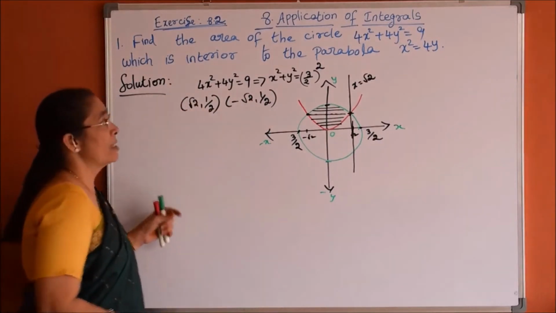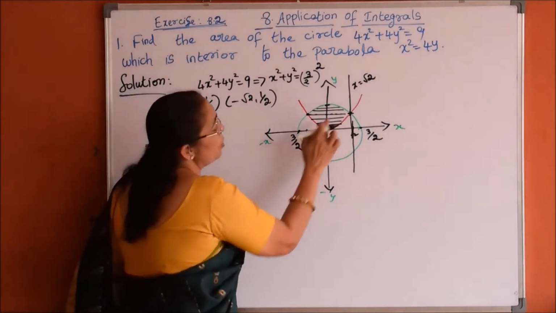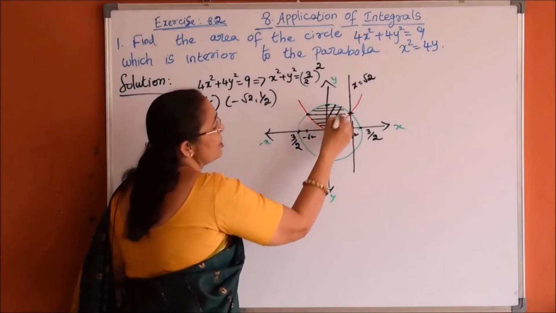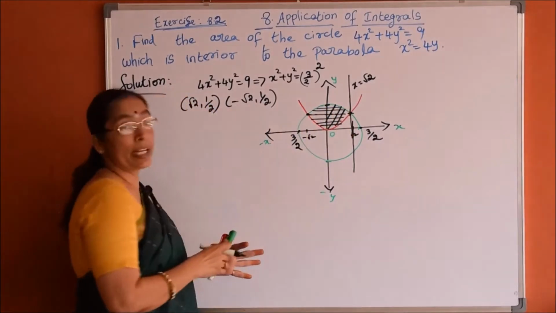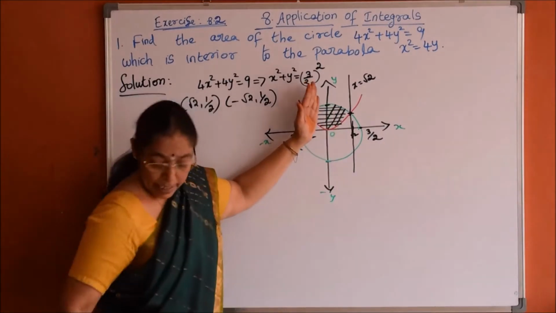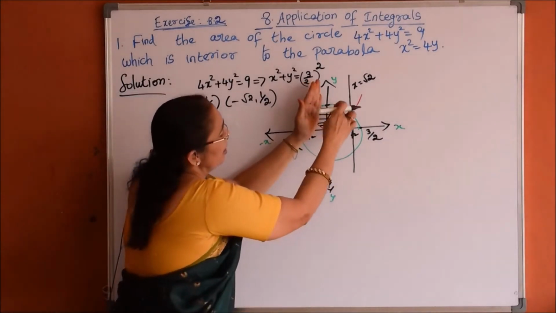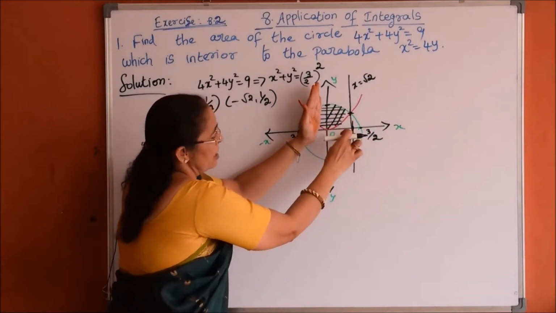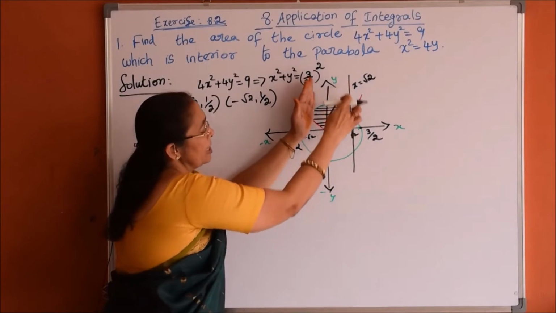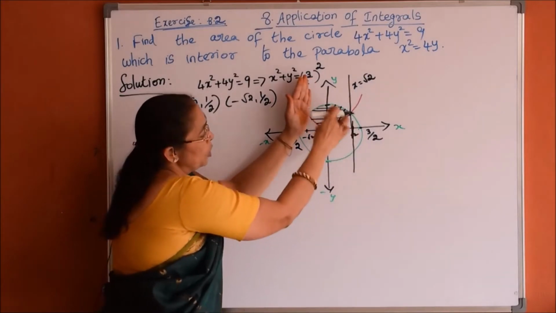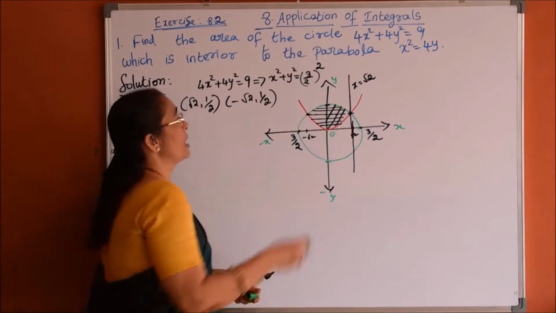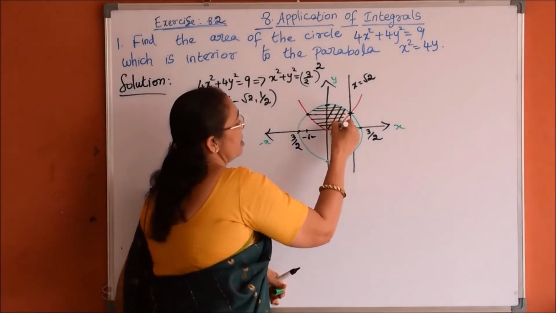Now, to get this area, only in the first quadrant I am considering, this is nothing but the area covered by the circle curve with the x-axis in between the lines x is equal to 0 and x is equal to root 2. Therefore, the whole area, the complete portion the circle is covering with the x-axis is this full portion.